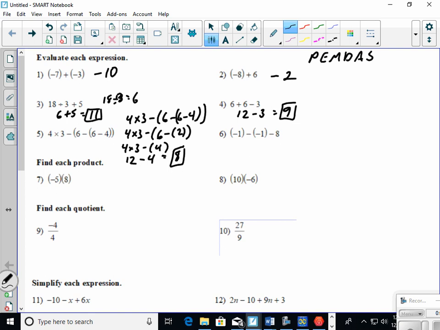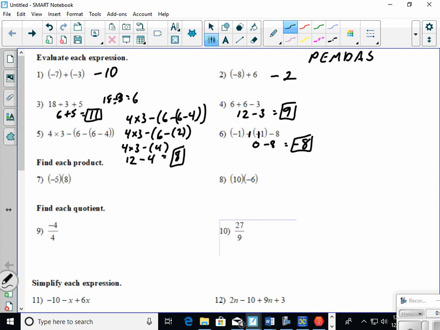Number 6, -1 minus -1 minus 8. We have -1 minus a negative, and subtracting a negative is like adding a positive. So -1 plus 1 is 0, minus 8 is going to be -8.